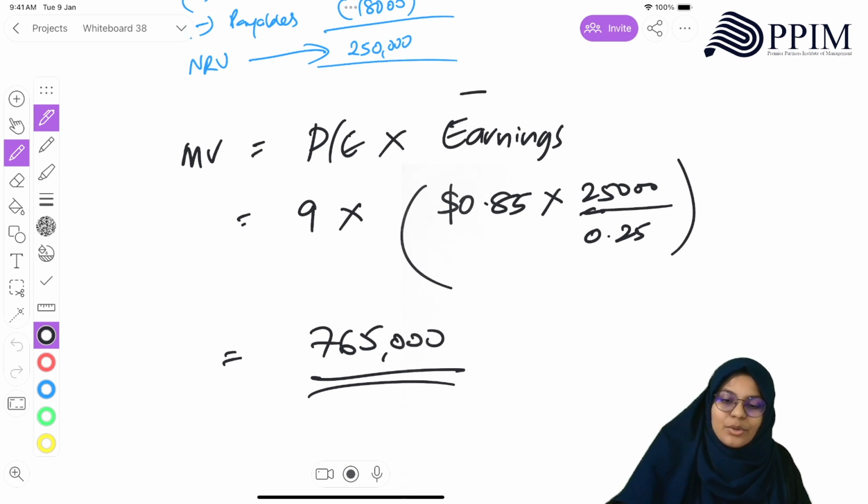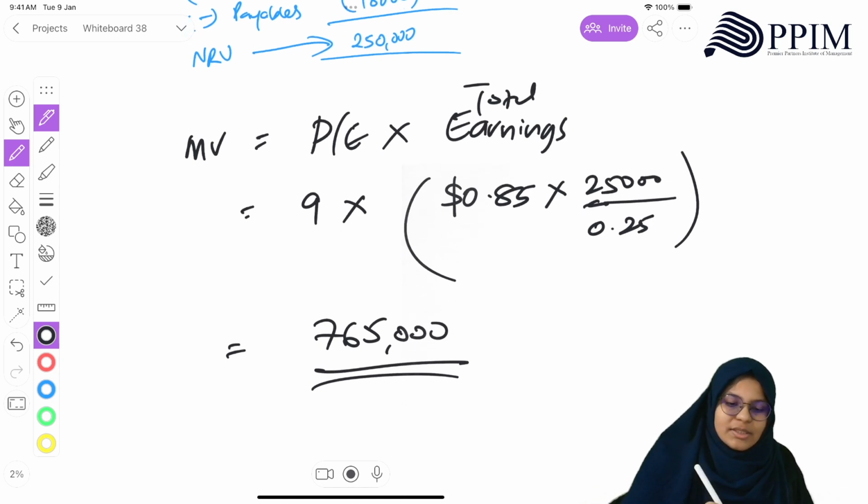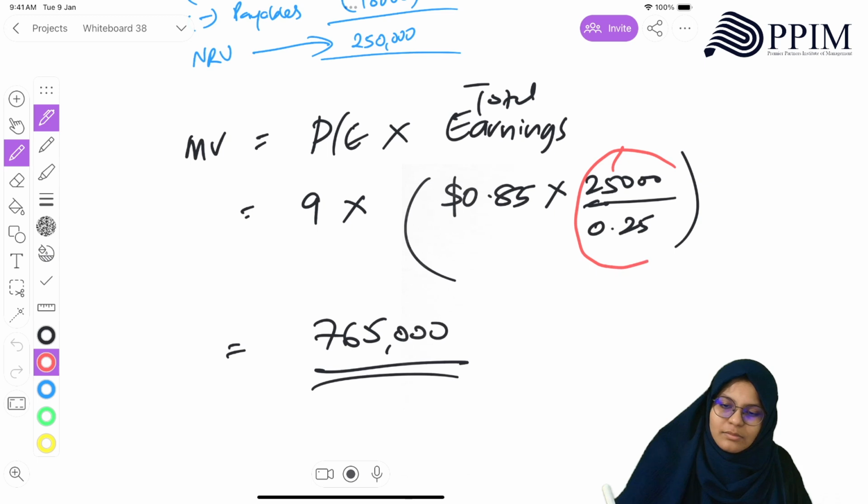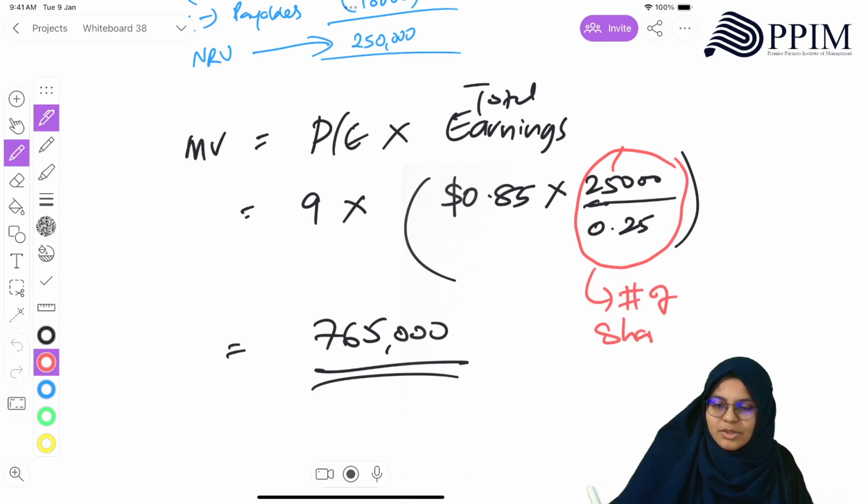Okay, so this has to be total earnings. So that is why I am multiplying it by the number of shares, right? So this is the number of shares.